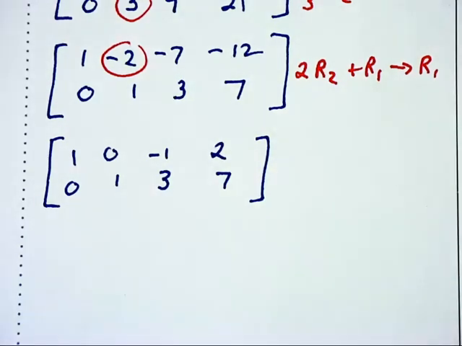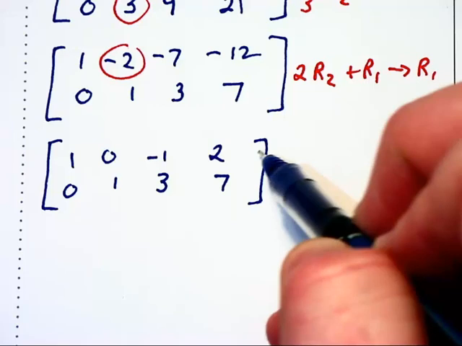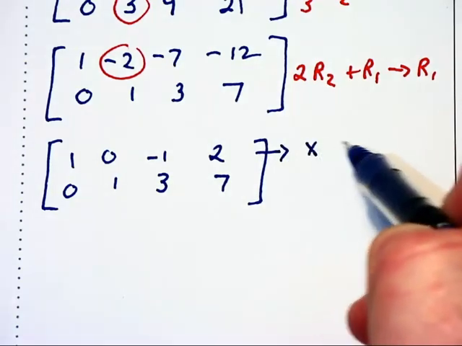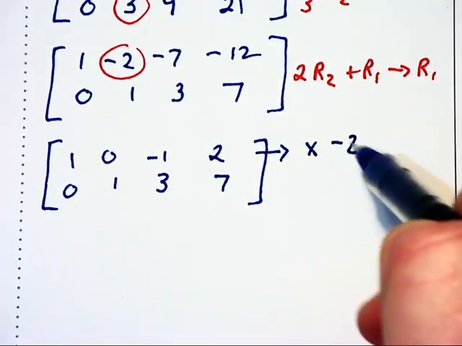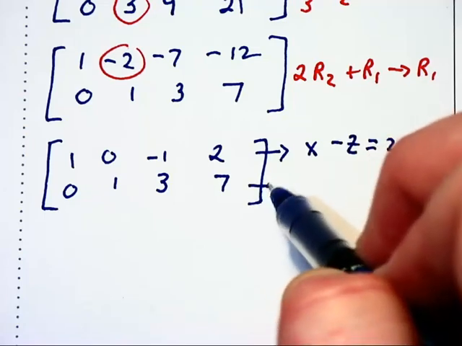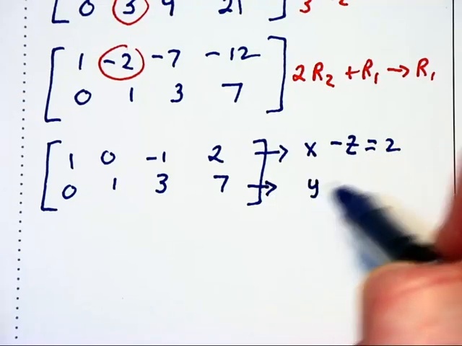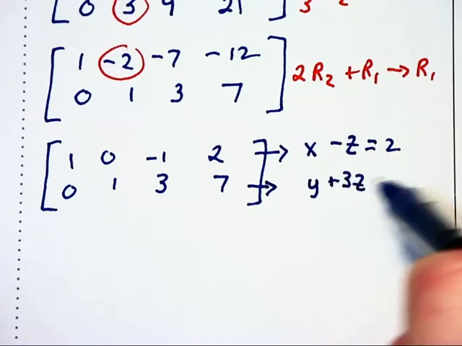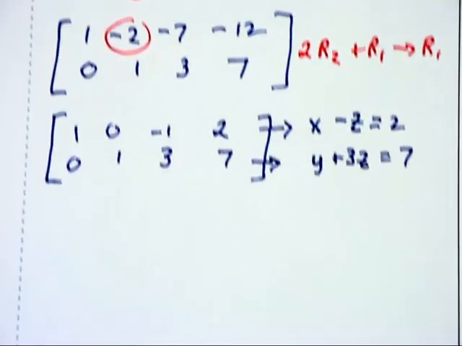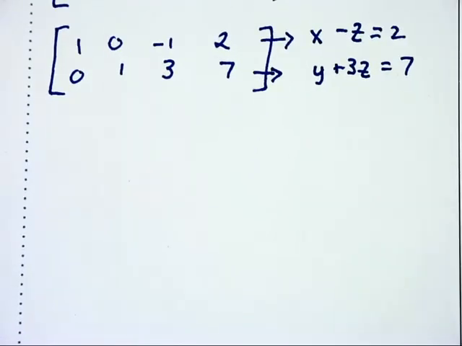Now there's no more reducing we can do here. Basically we can rewrite this system as x minus z equals 2 and y plus 3z is equal to 7. And again note that both x and y are in terms of z.